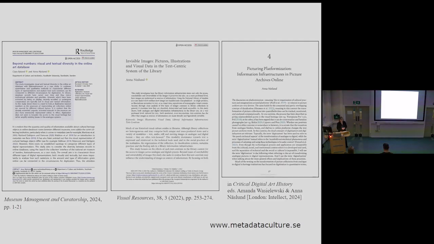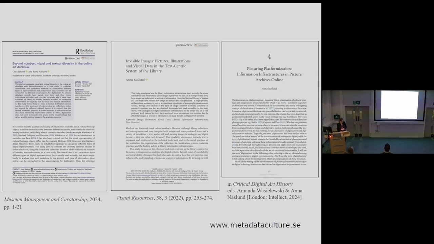And I've chosen these 3 examples because they are examples of very different image collections. It's one Swedish photographic archive, which also has part of its collection at Flickr Commons. It's an art museum, and it's our national library in Sweden, which also has a large picture collection.